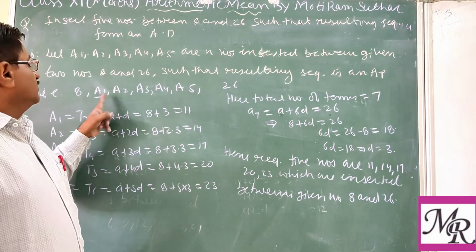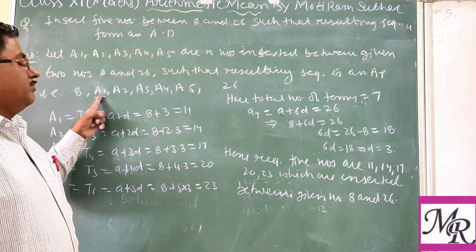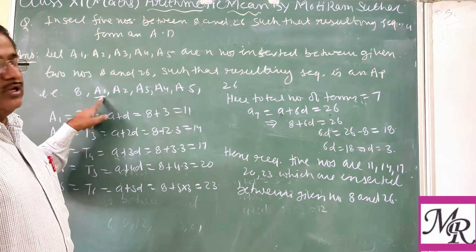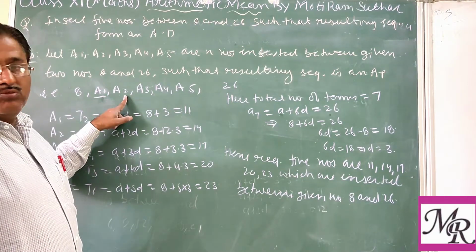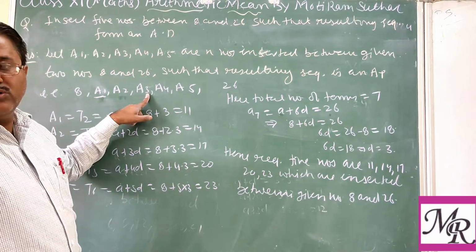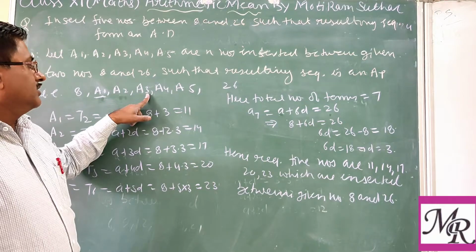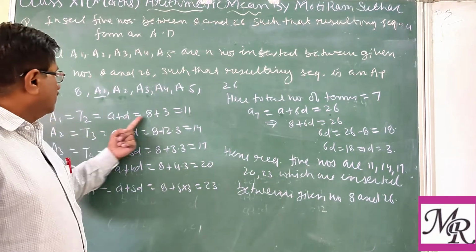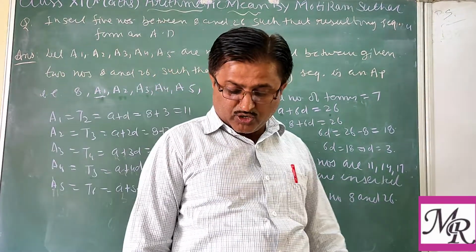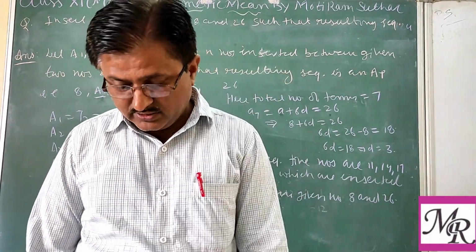So you should take care about the term and number. The first number is actually the second term, so A plus D. The second number to be inserted is the third term. The third number to be inserted is the fourth term. In this way you can use the general formula and you get the corresponding numbers.